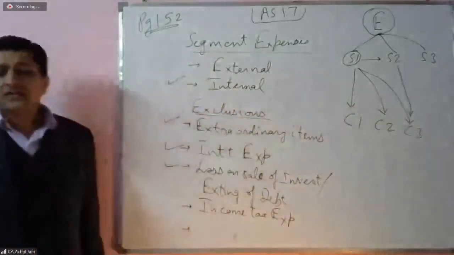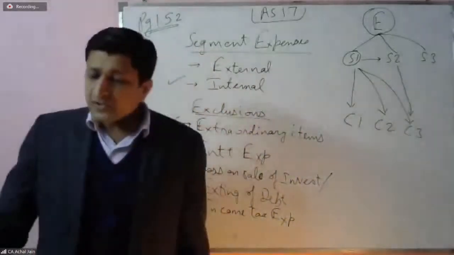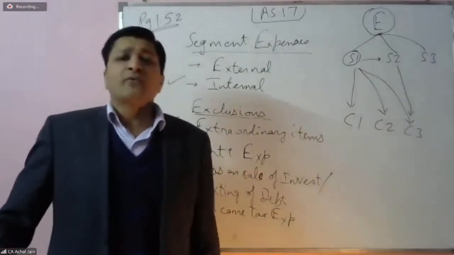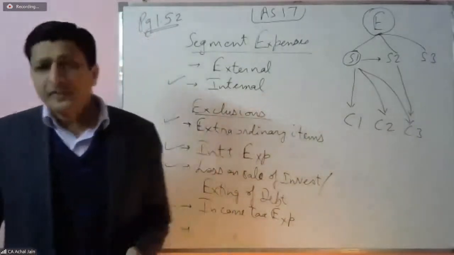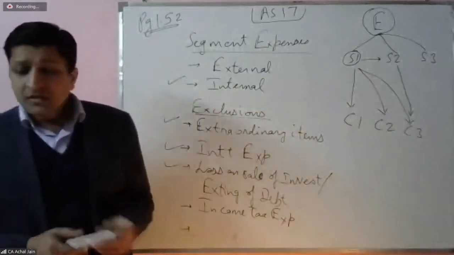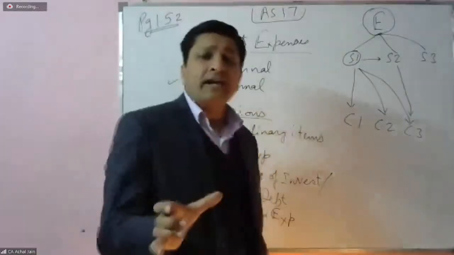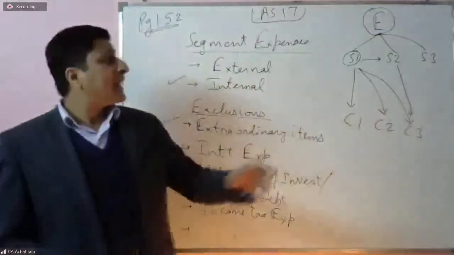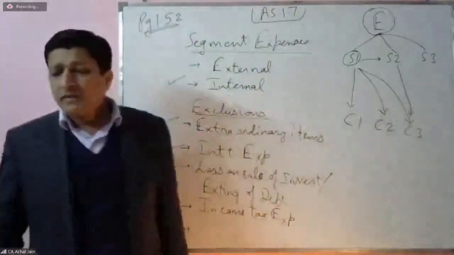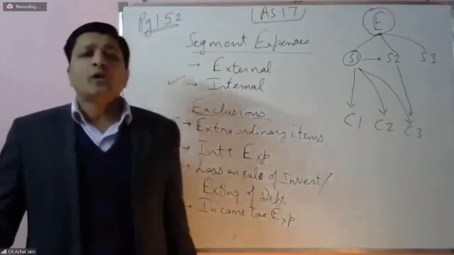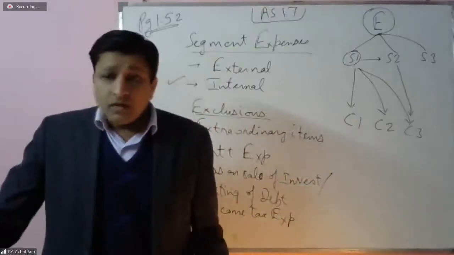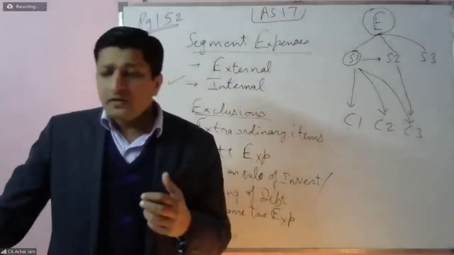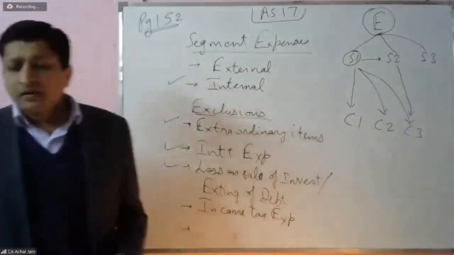Income tax expense will also be excluded. And if there are any general administrative or corporate expenses or HO expenses, meaning those expenses which relate to the entity as a whole, which are in a way not directly attributable to a particular segment, which are generally the corporate expenses and which are not allocable to a particular segment, those will also not get covered over here.